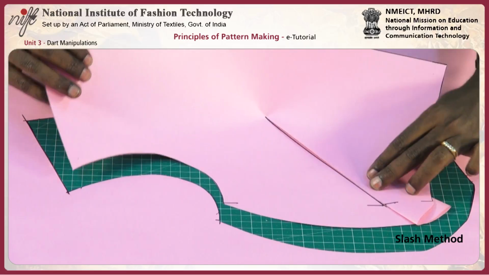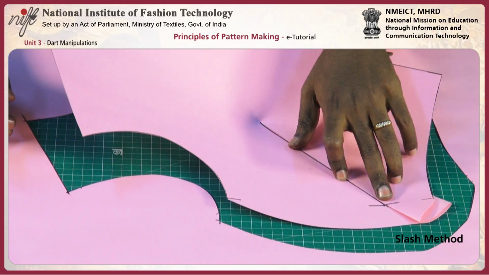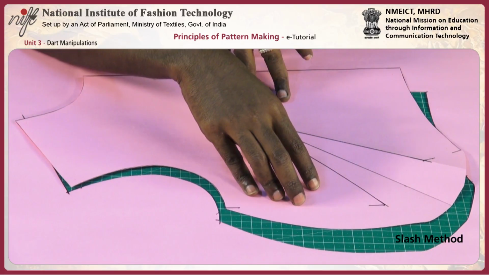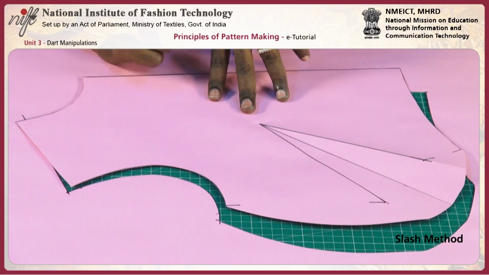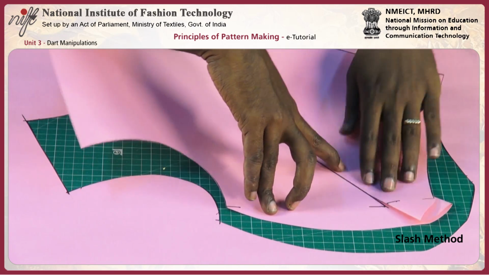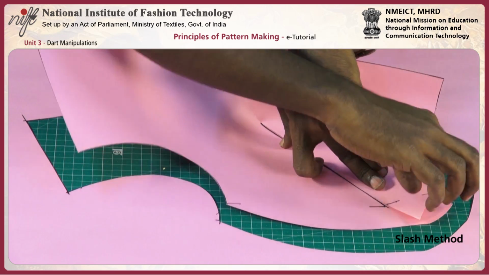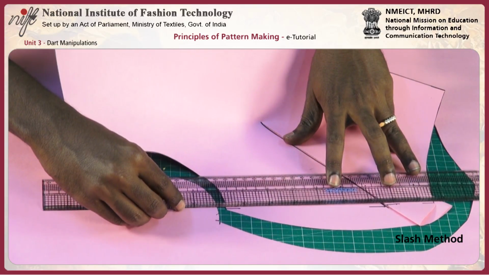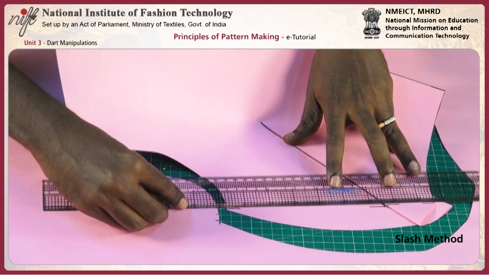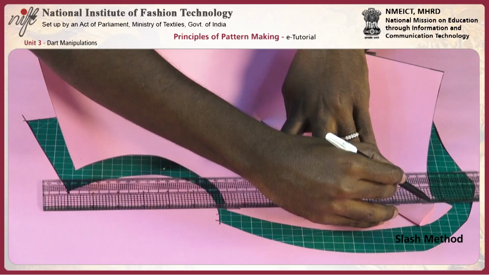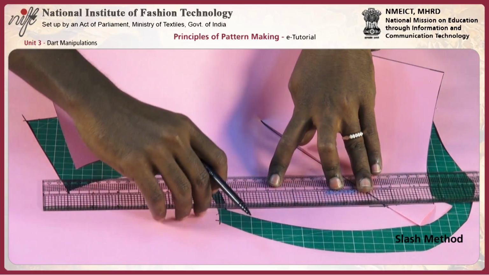Cup the pattern by folding the dart. If it is a horizontal dart, crease the lower dart leg. The dart axis should be towards down. Join the line.